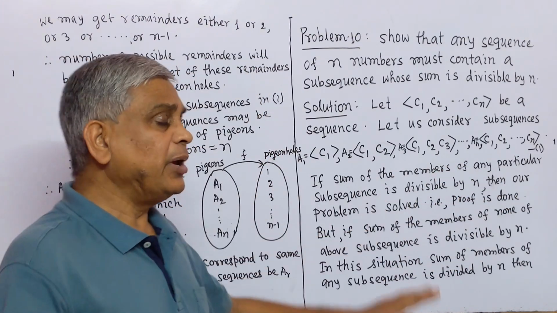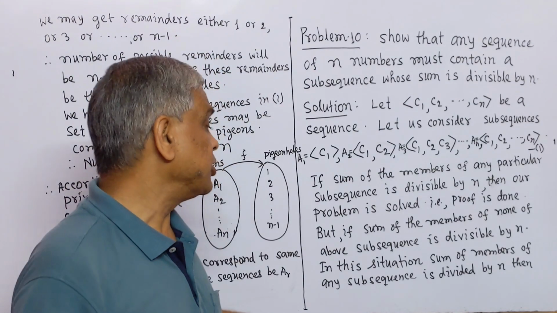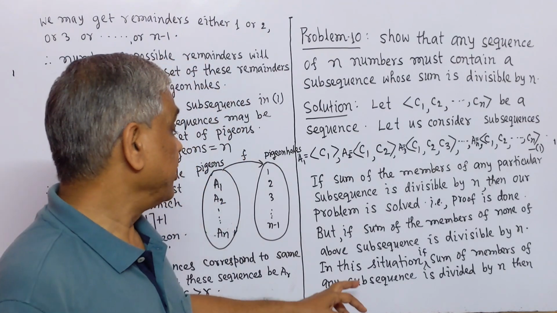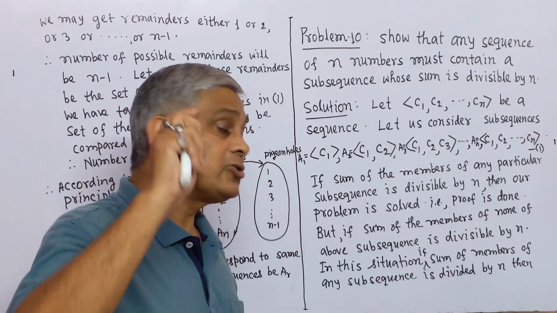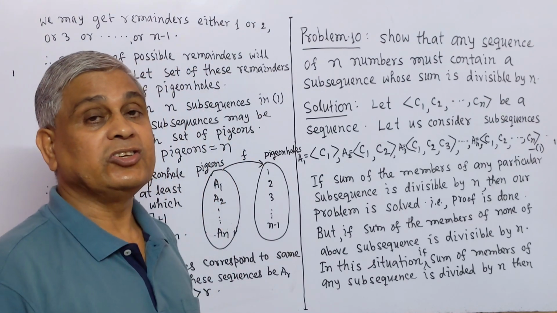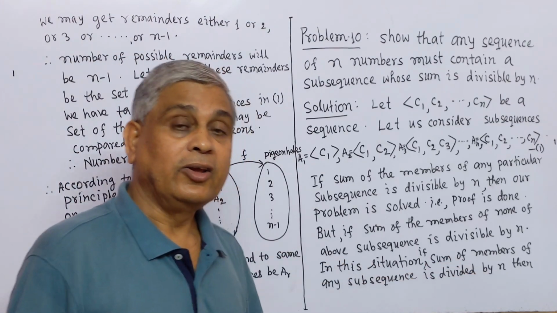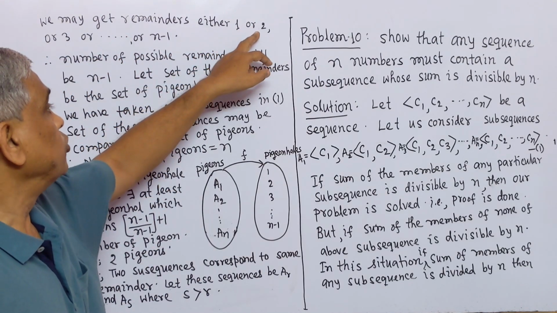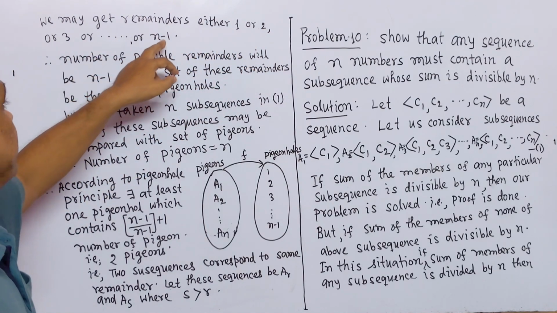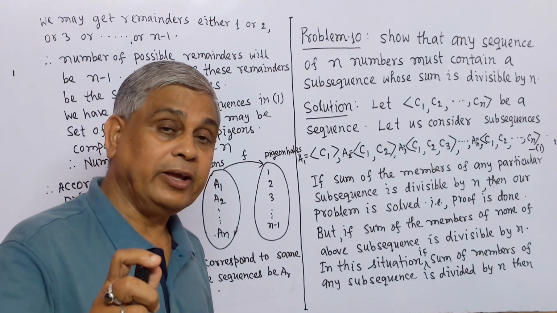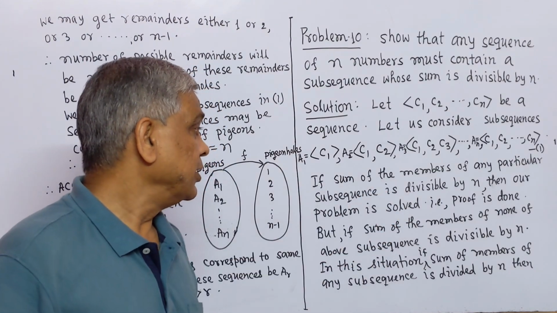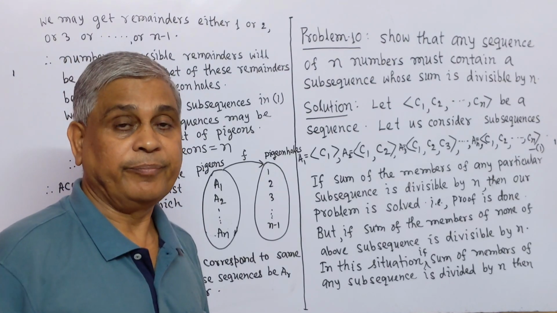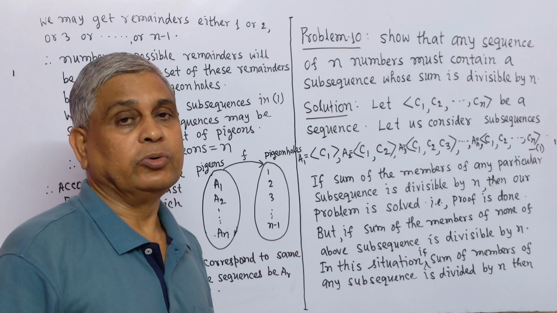But if the sum of the members of none of these subsequences is divisible by n, then the possible remainders will be 1 or 2 or 3 ... or n minus 1. Already we have seen that if the sum of the members of a subsequence is divisible by n, then the remainder will be 0.